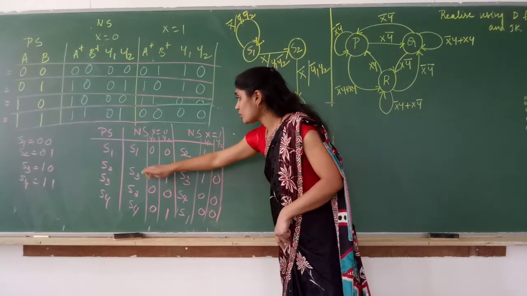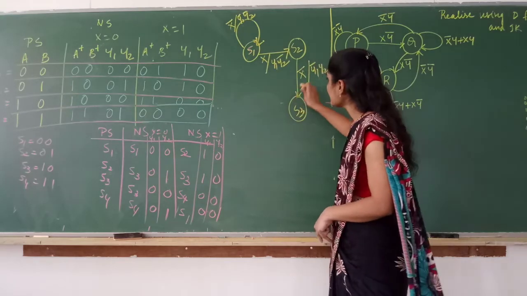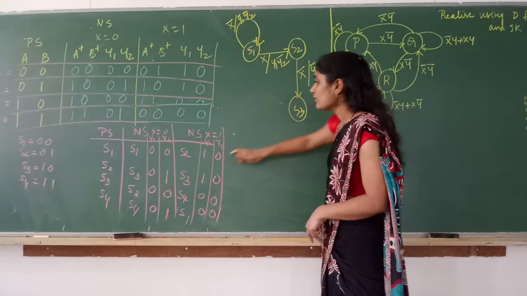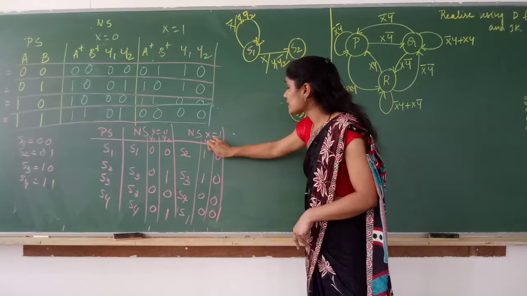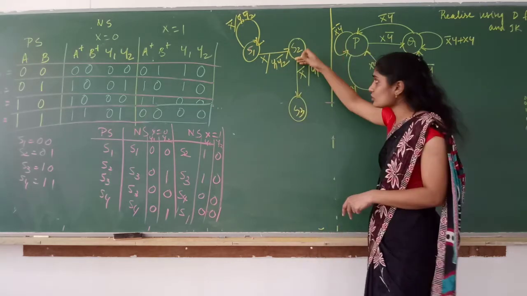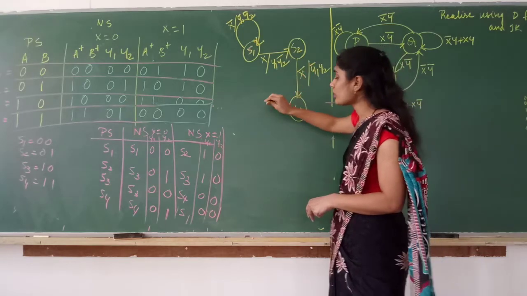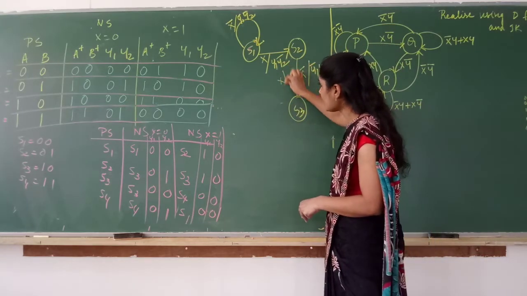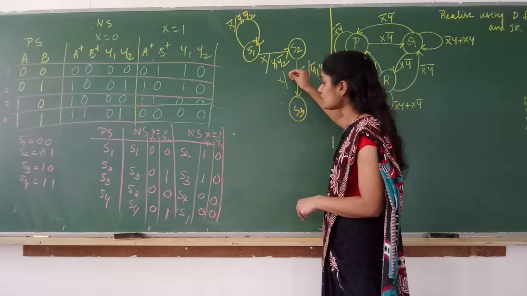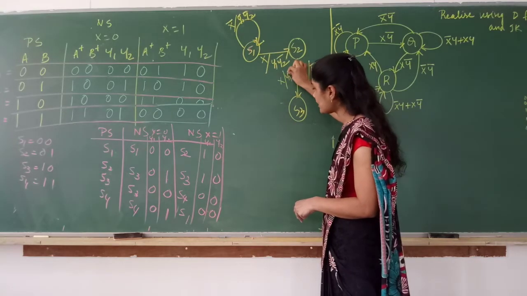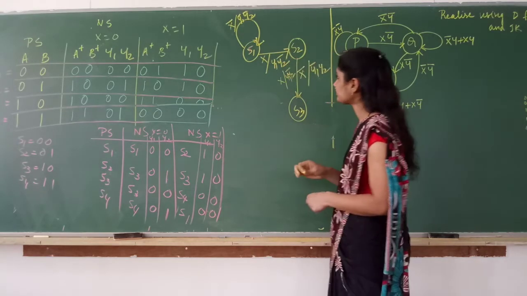Okay, this we have completed. Now present state is S2 itself, next state is again S3 when x is 1. So next state is again S3, so you do not write another arc. What is y1, y2 when x is 1? y1 is 1, y2 is 0. So y1, y2 bar.